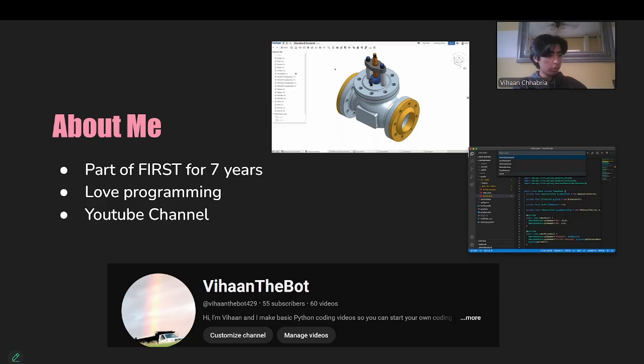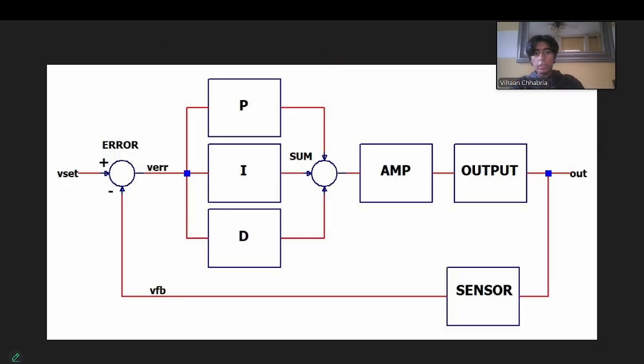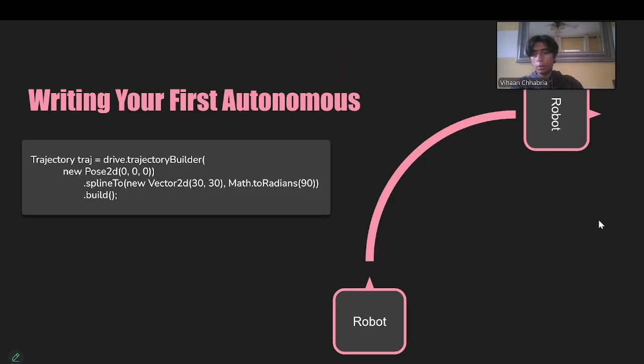Are there any questions about anything, whether it be the PID or the vectors or our splines?